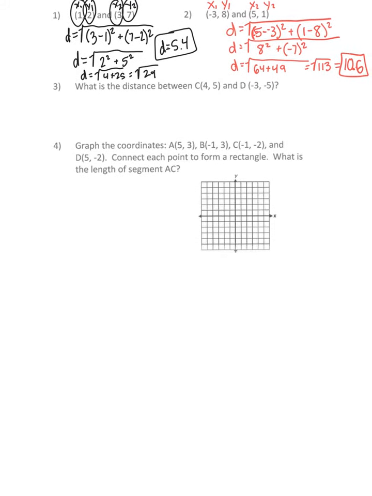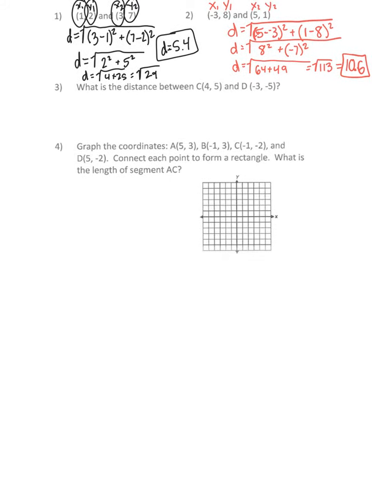Okay, number 3, what's the distance between 4, 5 and negative 3, negative 5? Again, I'm just going to label x1, y1, x2, y2, and plug them into my distance formula. x2, we have negative 3 minus 4 squared plus negative 5 minus 5 squared.